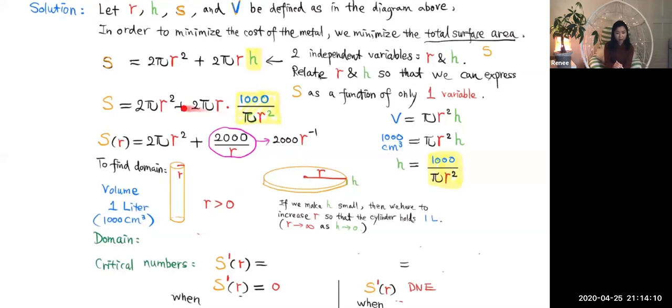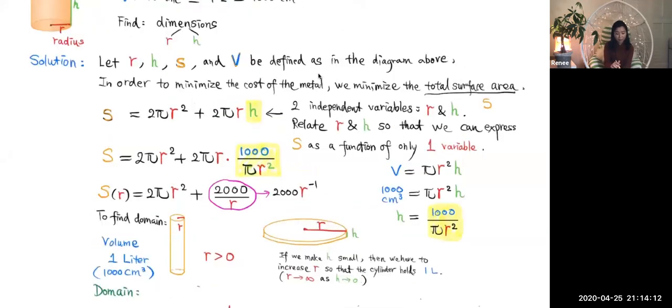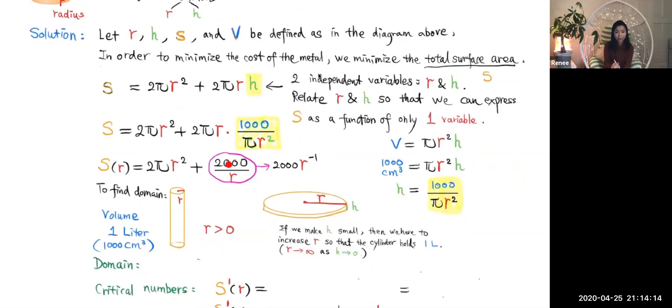In this example, what will be the r? R here will go from what number to what number? Let's think about this. All we know here is the volume of the can is 1000 cubic centimeter.